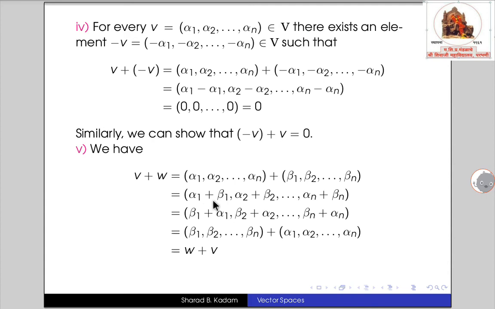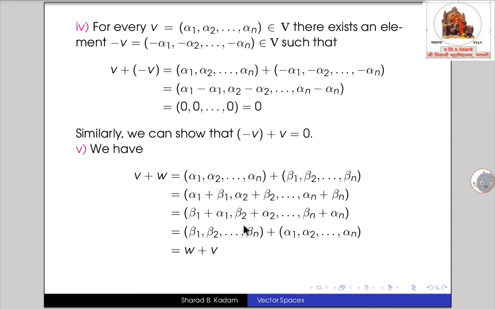Here α1, α2, αn and β1, β2, βn all are scalars, and we know that in a field addition of elements is commutative. So that is why α1 + β1 equals β1 + α1, α2 + β2 equals β2 + α2, and αn + βn equals βn + αn.